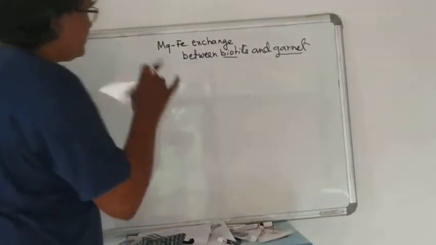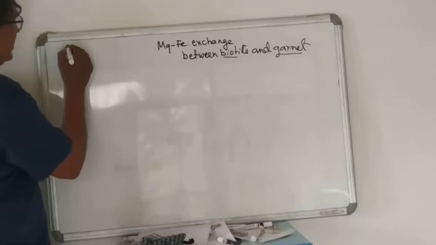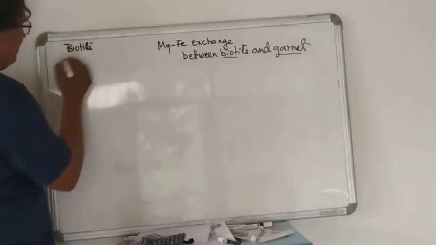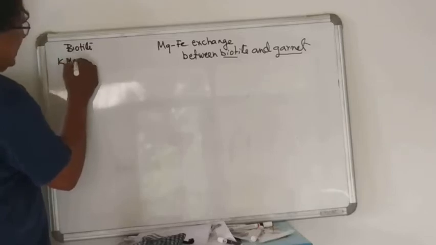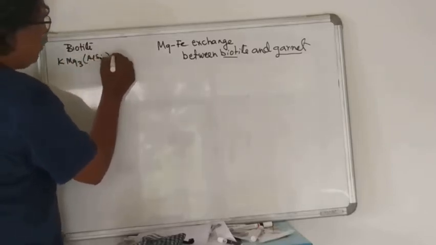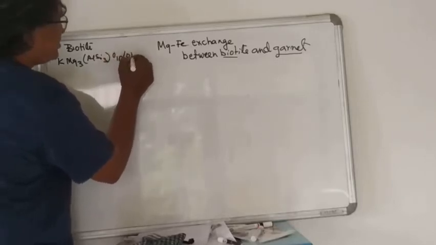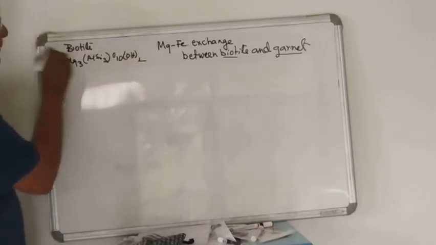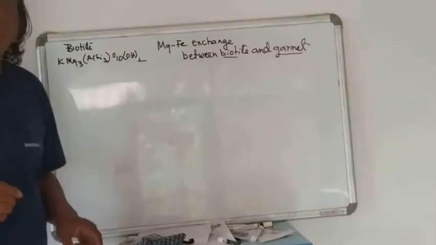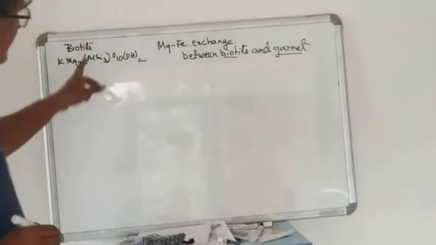So for doing that, we take surface biotite. The formula is K Mg3 Al Si3 O10 (OH)2. This is one component of biotite, and as you know, the name is phlogopite.